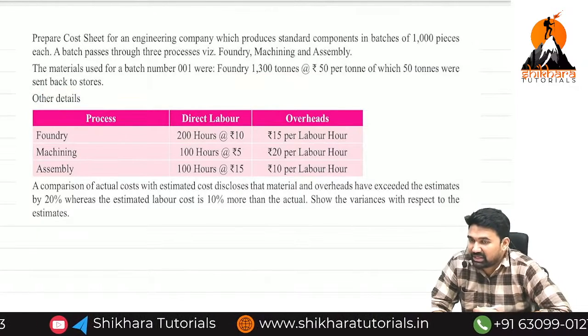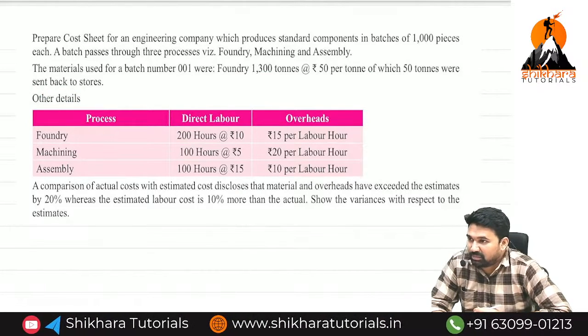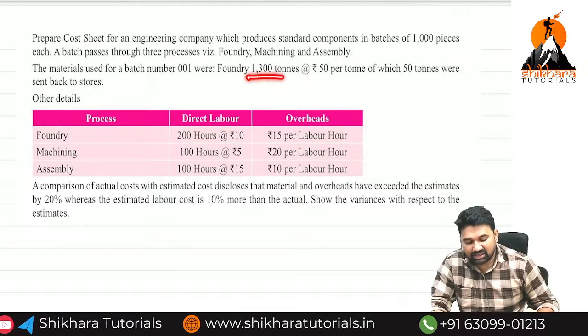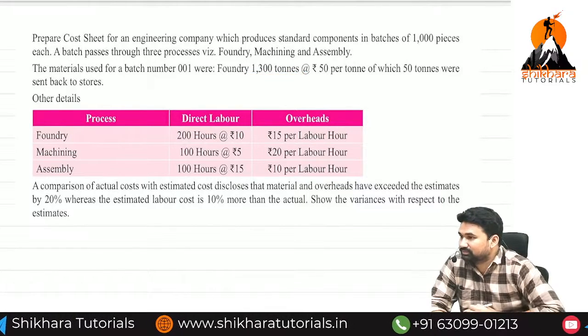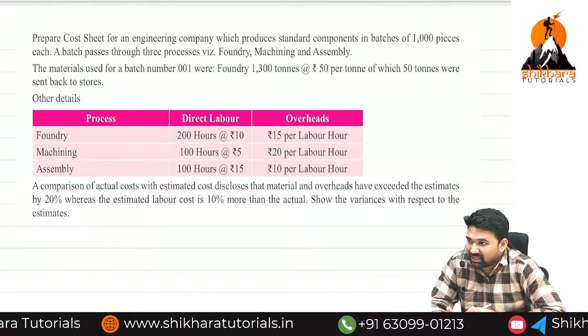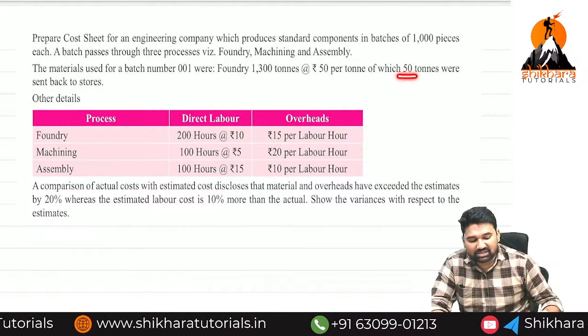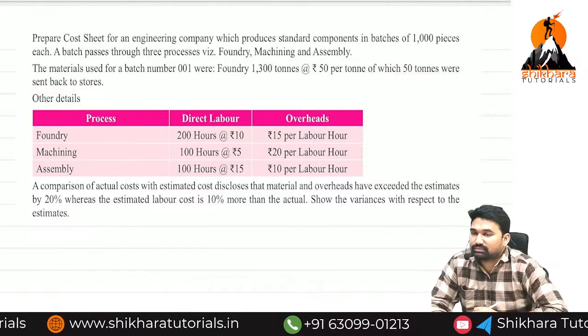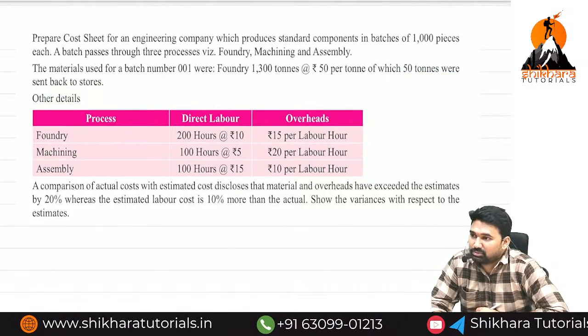That means direct material 1300 tons has been issued. Out of that 1300 tons, 50 tons were sent back to stores. That means how much is consumed?